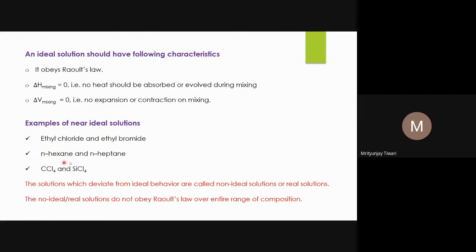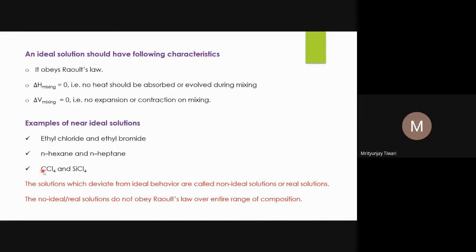So even the n-hexane molecules will have certain interactions between them, and heptane molecules, before forming the solution, were also having certain interactions. Now you mix them, and because of their similar size and similar shapes, what will happen? The interaction between n-hexane and heptane will be quite close to the interaction between two n-hexane molecules or two n-heptane molecules.